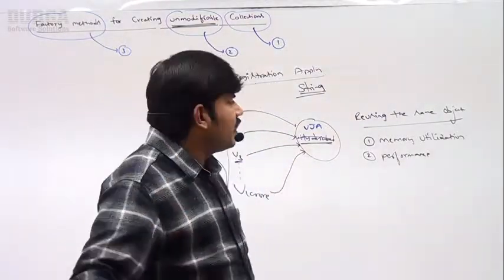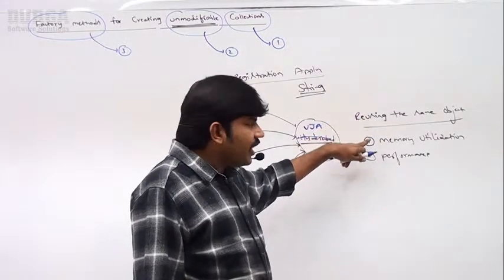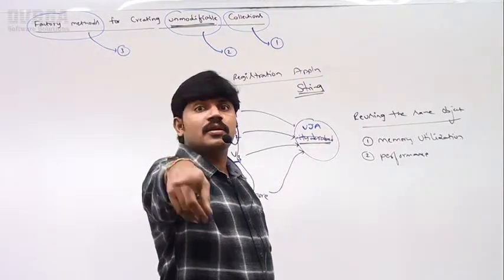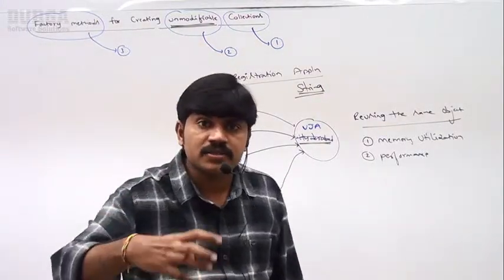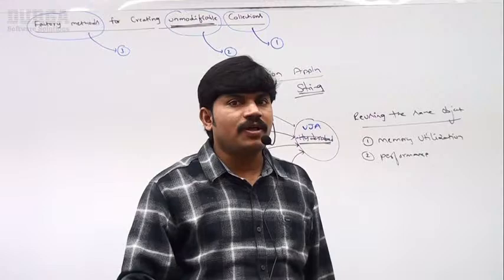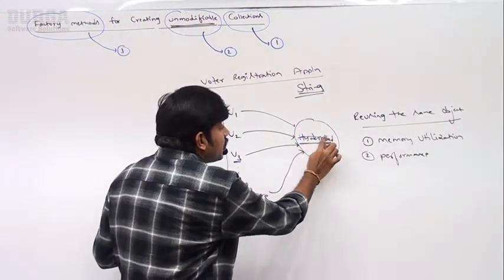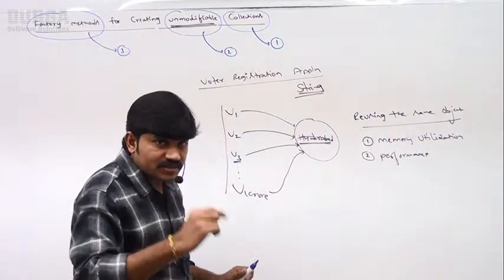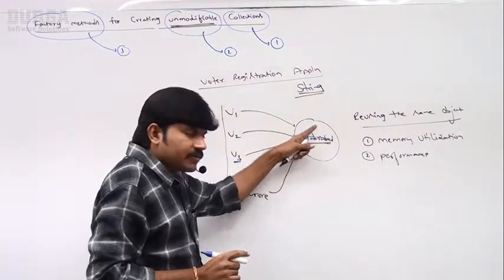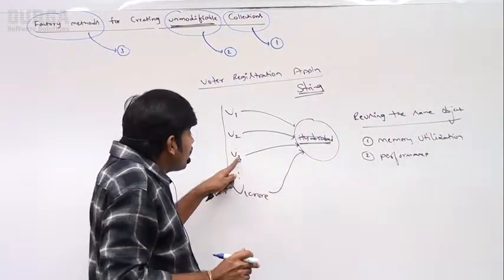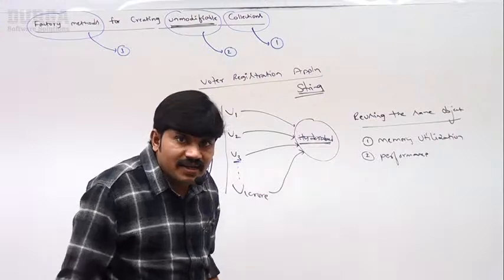Okay. So, how can I prevent this type of problem? Remember, wherever reusability is there, wherever memory utilization and performance are there, compulsorily we have to make that object non-changeable. Once we have created an object, because this object is shared with multiple references, we are not allowed to change the content.